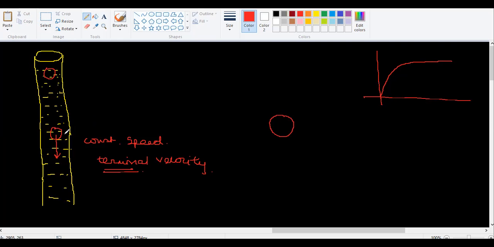When the steel ball is falling through the fluid, you know that gravity is acting downwards. You know that there is something called viscous drag. What do you mean by that? When you are going on a two-wheeler, you face the air, so you have to go through the air.